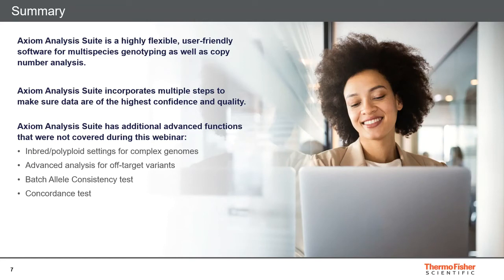Axiom Analysis Suite has additional advanced functions that were not covered during this webinar, but can be found in the user manual, such as inbred and polyploid settings for complex genomes, advanced analysis for off-target variants, the batch allele consistency test, and the concordance test.